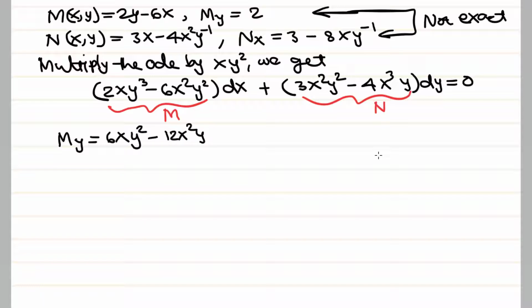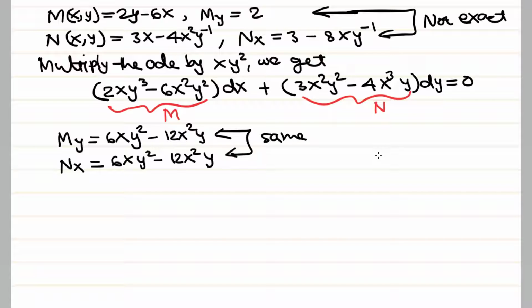Now for N, we find the partial with respect to x. x squared gives 2x, so 3 times 2, 6x y squared, minus, x cubed gives 3x squared, 3 times 4, 12 x squared, and we have y. Oh, they are the same.